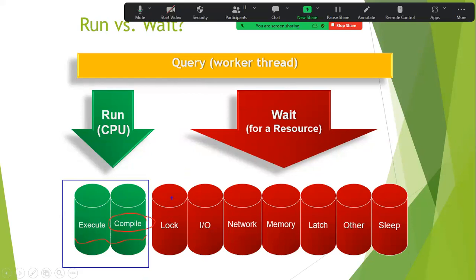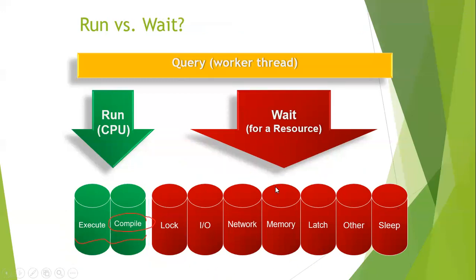That's it. It can be a lock, a blocking lock, a block, a deadlock, whatever it is, and it is waiting for IO, right? We will talk about what the wait types are later. It is waiting for some network, it is waiting for memory, it is waiting for latch and others. So it is not actually running on the CPU, right? It is waiting for some resources to be available.